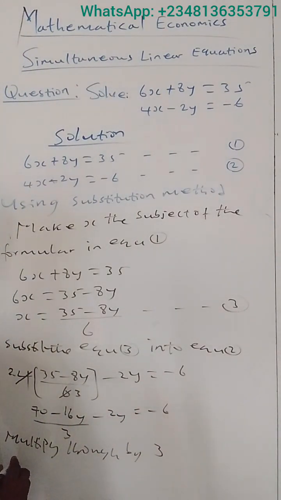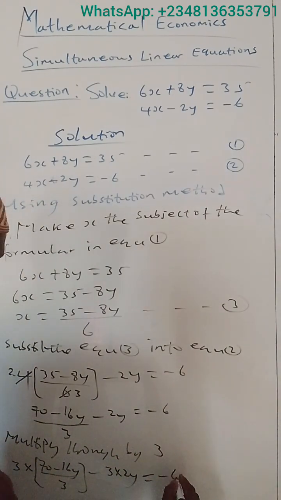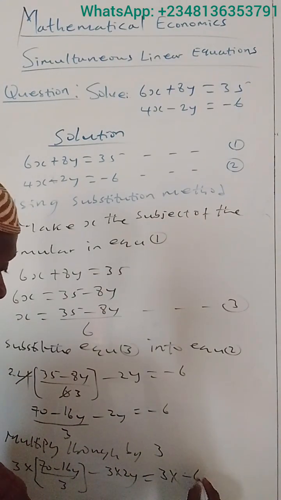In other words, I have 3 multiplied by 70 minus 16y over 3, then minus 3 multiplied by 2y, equals 3 multiplied by minus 6.